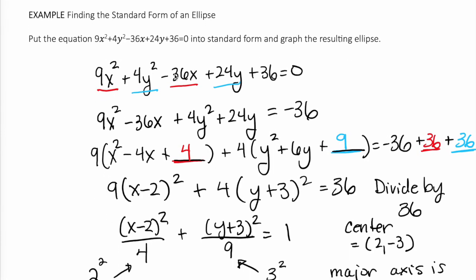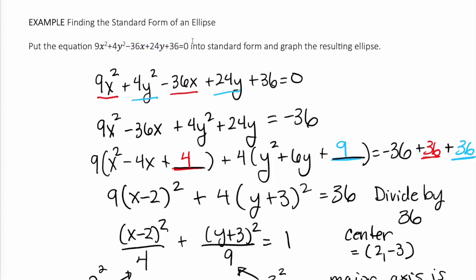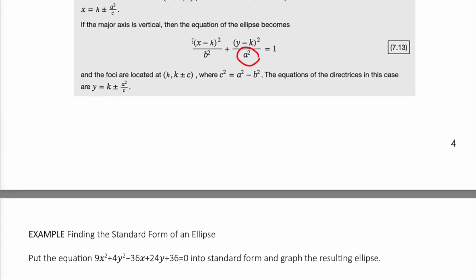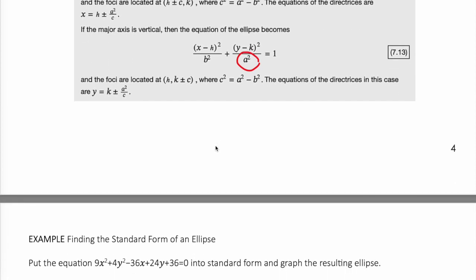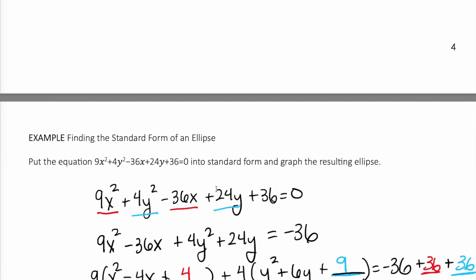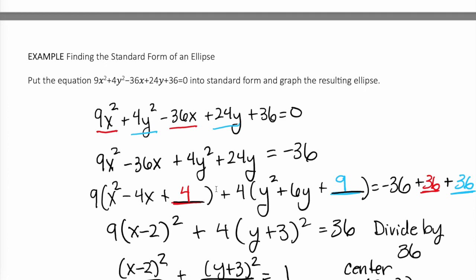Okay, so looking at this example, here is our ellipse that is in our general form, and we want to put it in standard form, so it looks like in that box up here that we were just looking at. So we're going to complete the square for both of these terms, and then we'll see what we've got.